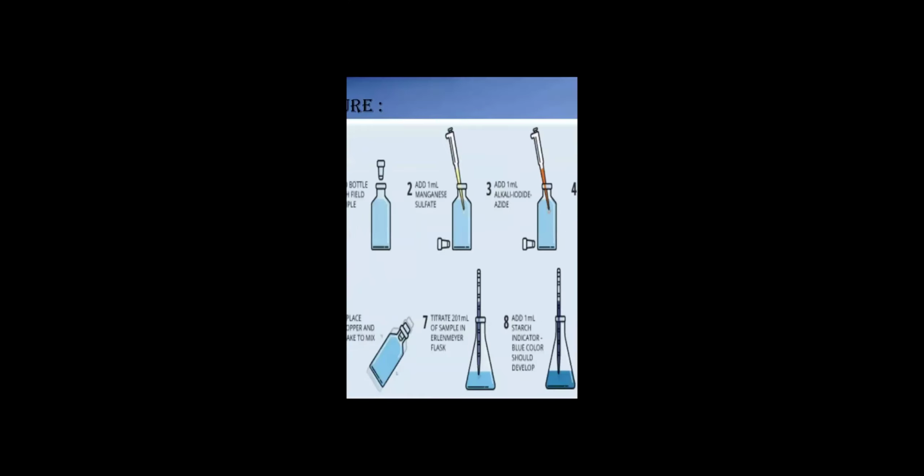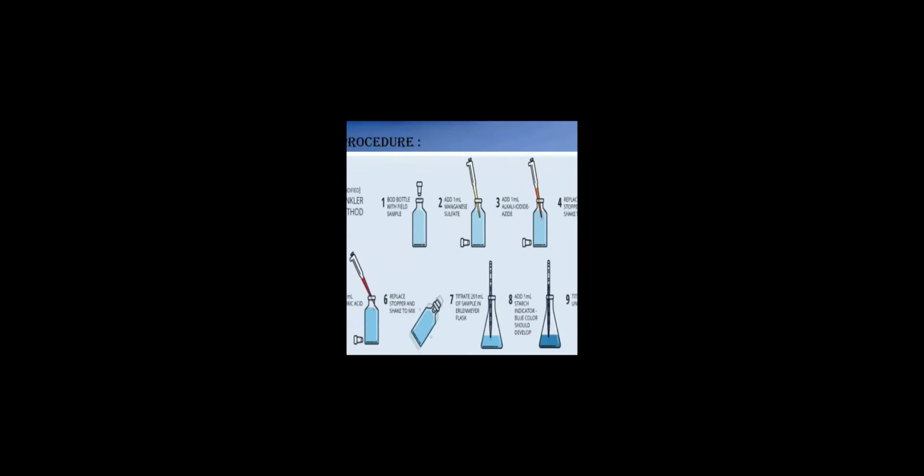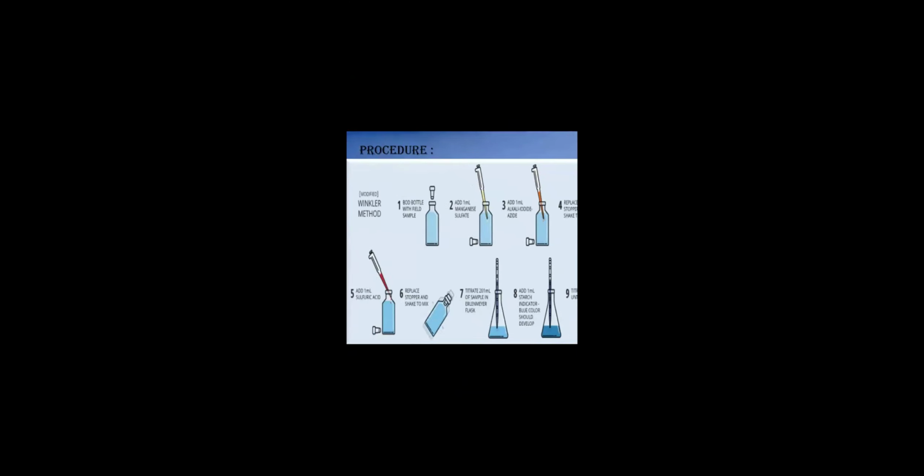The fifth step, add 1 milliliter sulfuric acid, replace the stopper and shake to mix. Titrate 201 milliliters of sample in an Erlenmeyer flask, and add 1 milliliter starch indicator. Blue color should develop, and then titrate the sample until clear. This is the procedure in English.